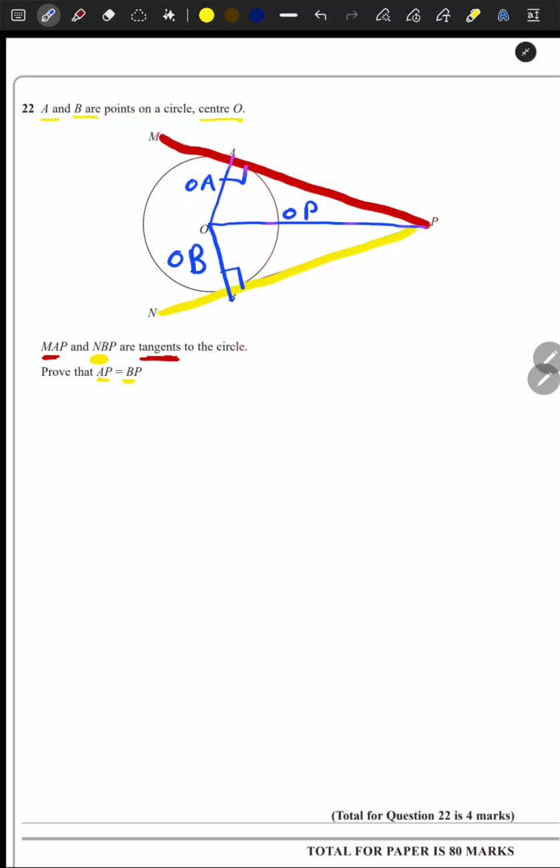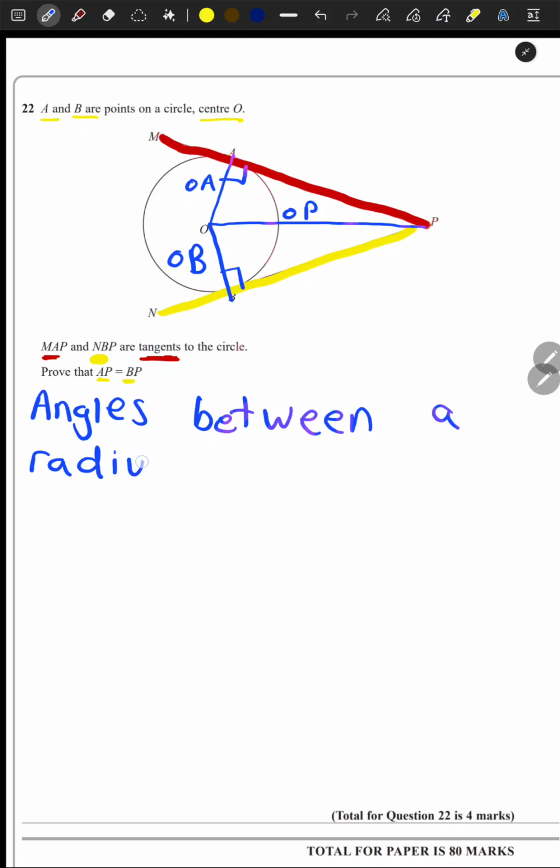To prove it, we can use one of the most important circle theorems, and that circle theorem is that the angle between a radius and tangent is 90 degrees.